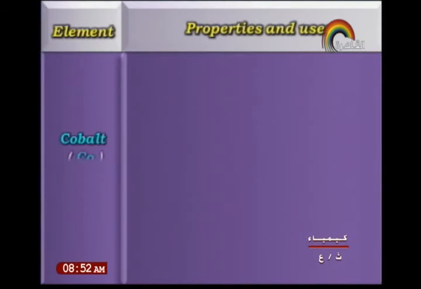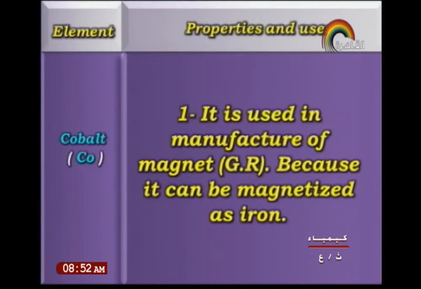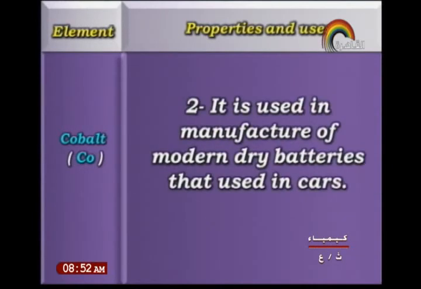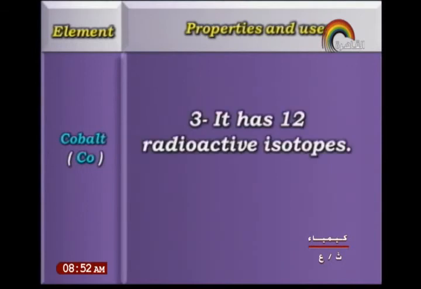Now we are going to talk about cobalt. Cobalt is used in the manufacture of magnets because it can be magnetized as iron. And also cobalt is used in the manufacture of modern dry batteries that are used in cars. Also, it has 12 radioactive isotopes.